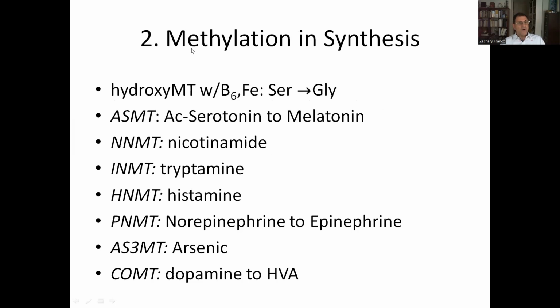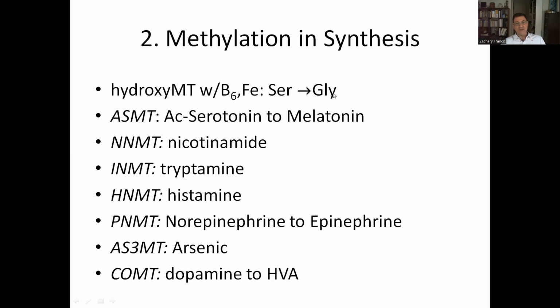Okay, so what else is methylation involved in? Aside from DNA, it's involved in making things inside the body. Everywhere you see an MT here, that's an enzyme in the body that transfers a methyl group from one place to another. There's one very big methyltransferase that's important, this one here.